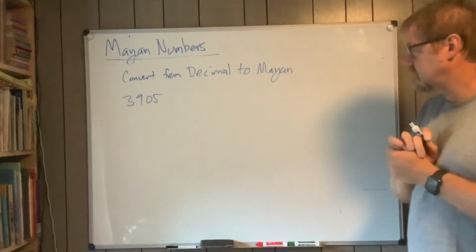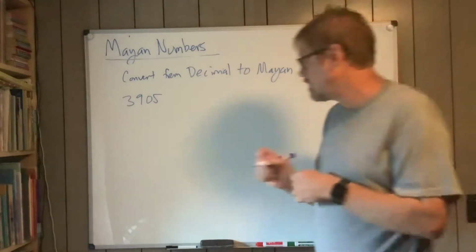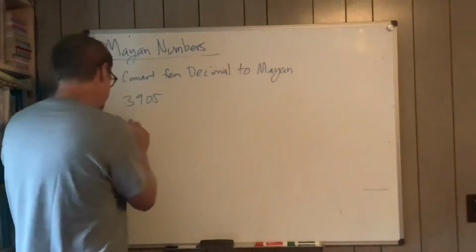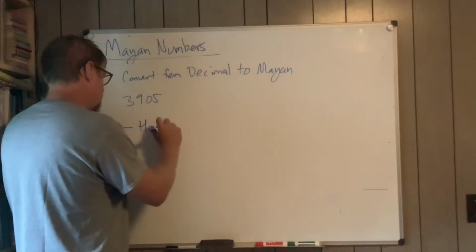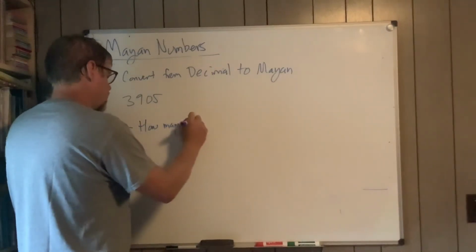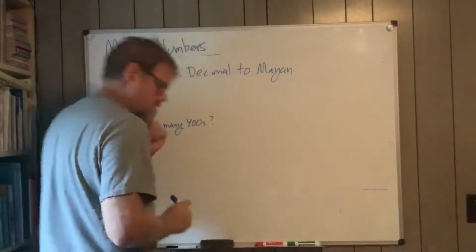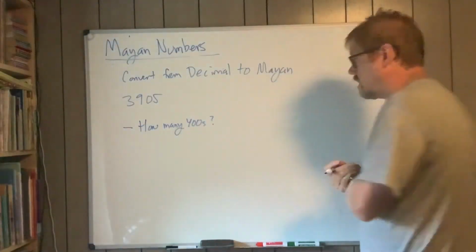I'm going to walk through this. How many 400s are there?